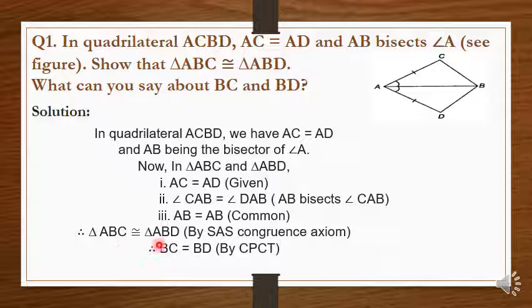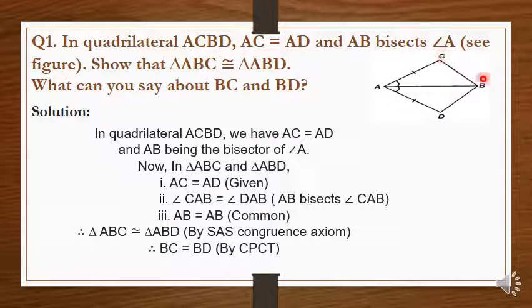Now since we can write that these two are congruent to each other, that means exactly equal to each other, that means angle C is equal to angle D, angle A equal to A and B equal to B. That means if we flip this one, it will be exactly equal. So these two sides are equal, these two sides are equal, this side is equal.